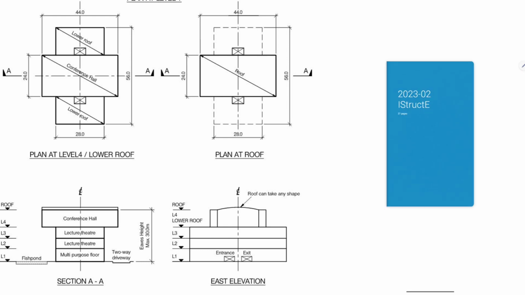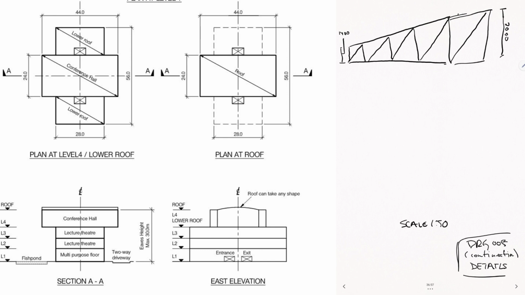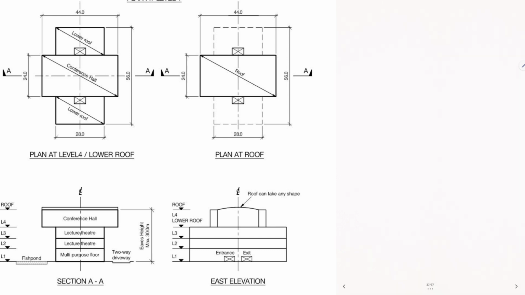So I made sure that I included in the details where I show just lines, indicating the size of each diagonal and vertical element of the truss, and indicating where the splices are going to be, because it is unlikely that the members can be brought to site in the full length, so just indicating where the splices are going to go. And then I took the advantage that, right, I'm showing the location of here's going to be one splice, here's another splice. Then I show a detail of those splices in the same drawing.